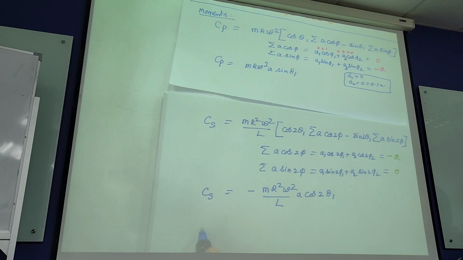So we know now that the shaking force S is equal to mr omega square cos theta 1 plus sin theta 1.